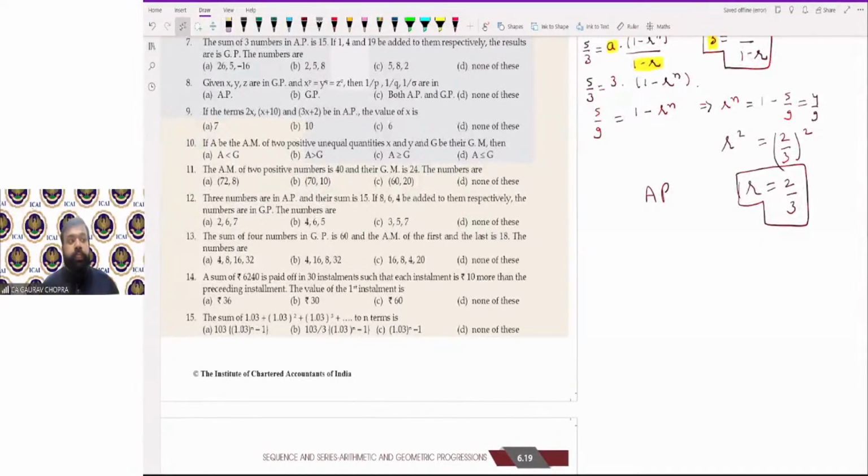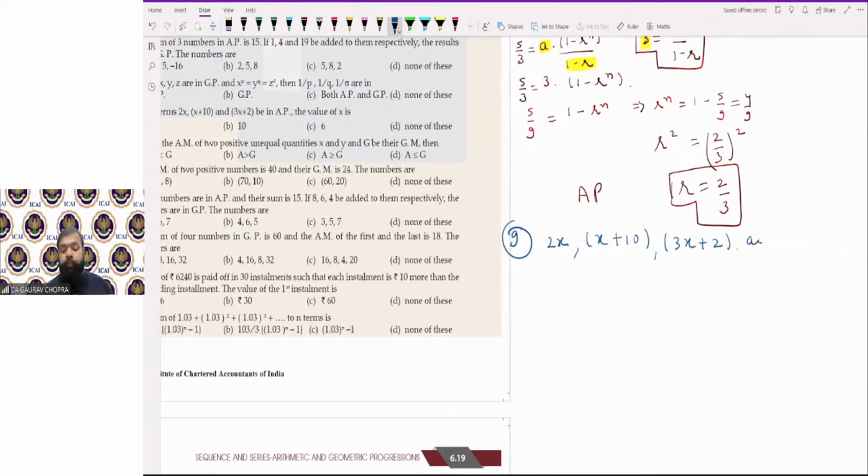If the terms 2x, x plus 10 and 3x plus 2 are in AP, then find out the value of x. ये पैटर्न हमने ऑलरेडी कर रखा है. चलिए एक बार फिर से कर लेते हैं यहाँ पे. 2x, x plus 10 and 3x plus 2 are in AP.